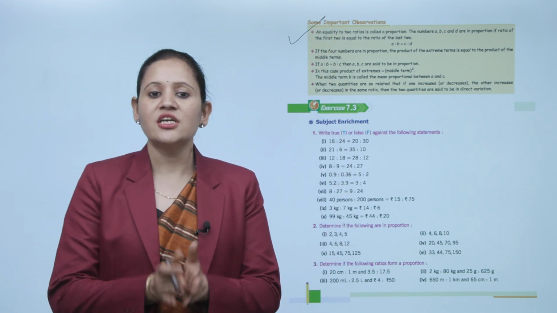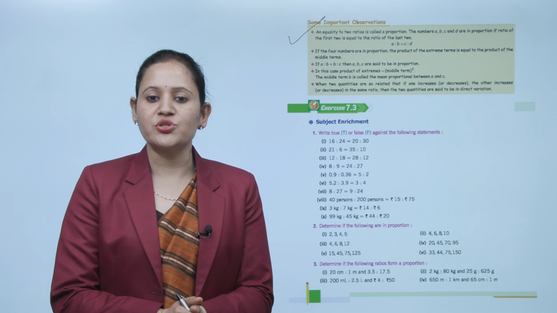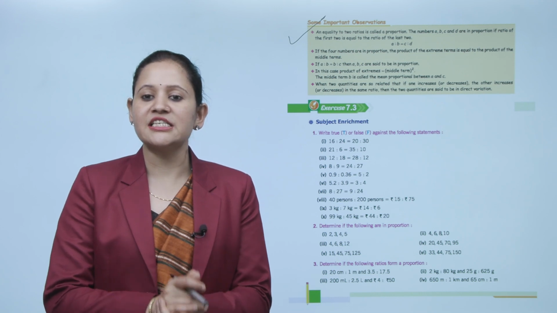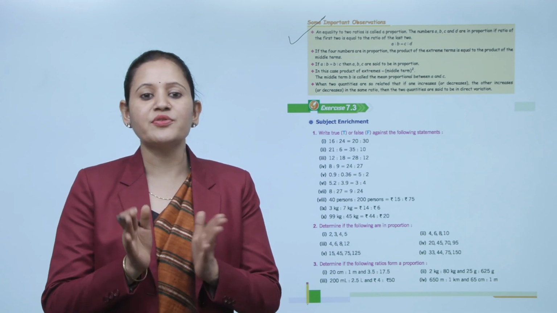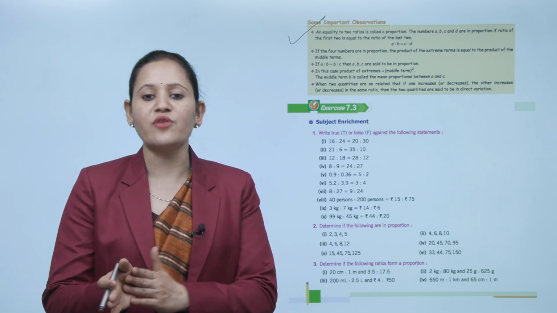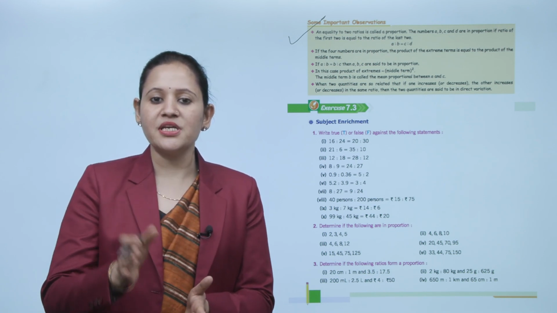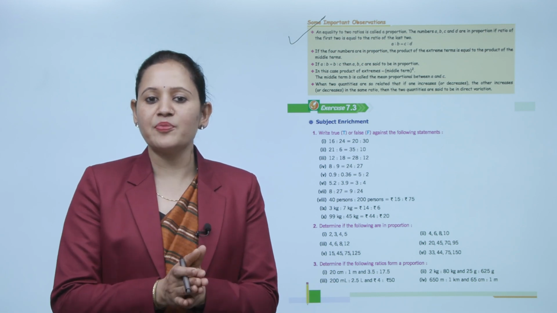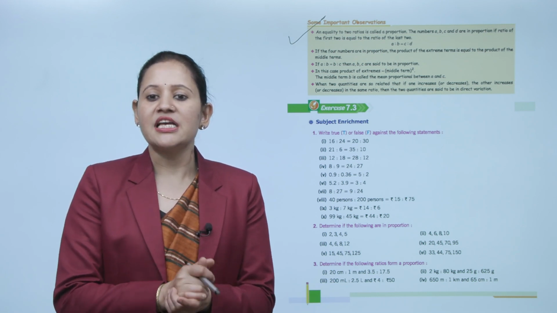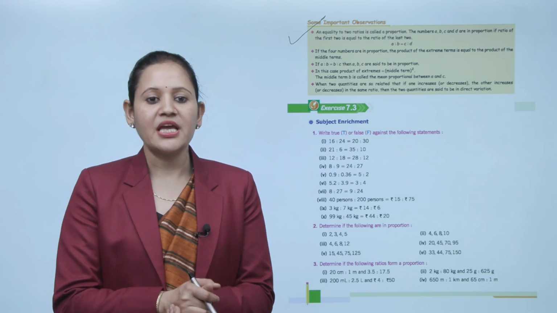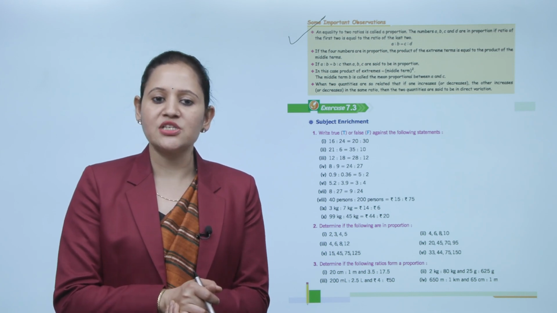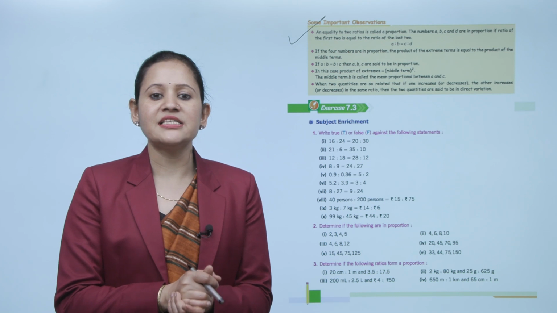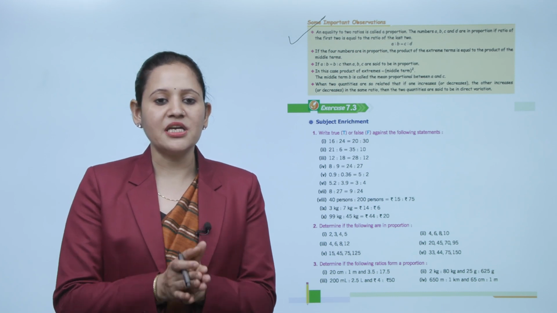Equality of two ratios is called the proportion. The numbers A, B, C and D are in proportion if the ratio of the first 2 is equal to the ratio of the last 2, means A:B equals C:D. If the 4 numbers are in proportion, the product of extreme terms is equal to the product of middle terms. If A:B equals B:C, then A, B, C are said to be in continued proportion.